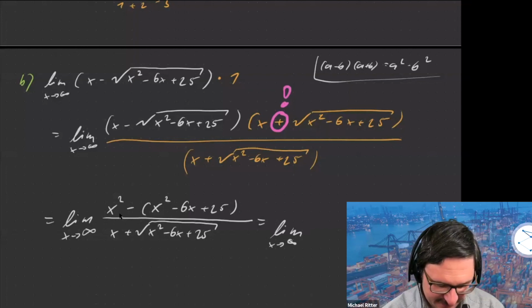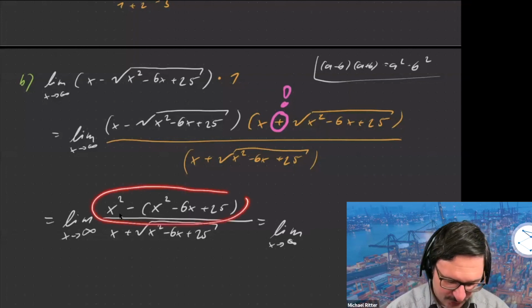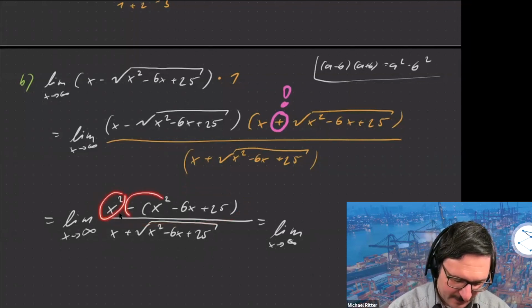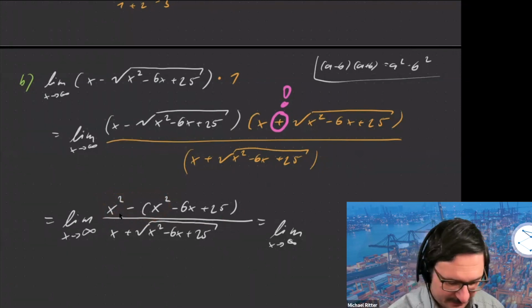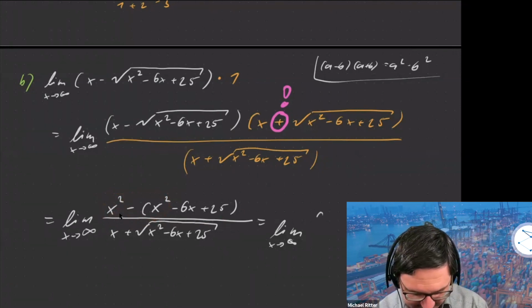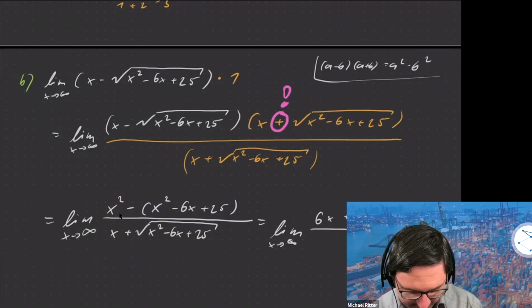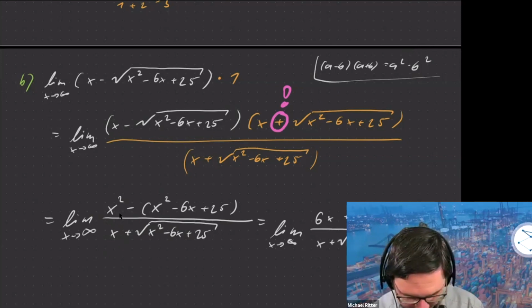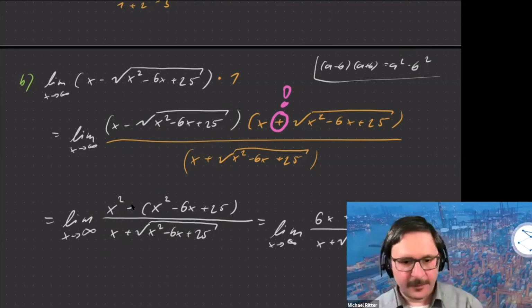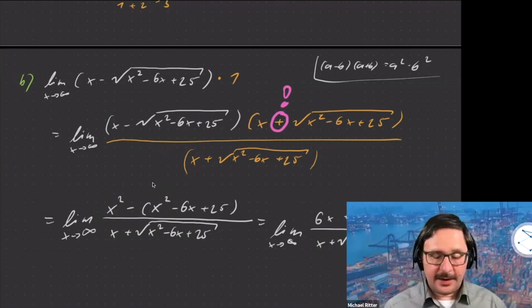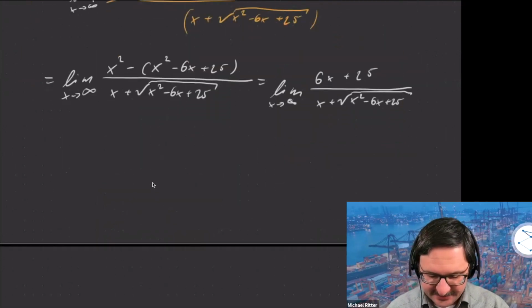And now what happens here is if we try to simplify even more, we'll see that x squared minus x squared cancels out. And we're left with just 6x plus 25 over this square root expression here. And now again, we are able to use a standard method.